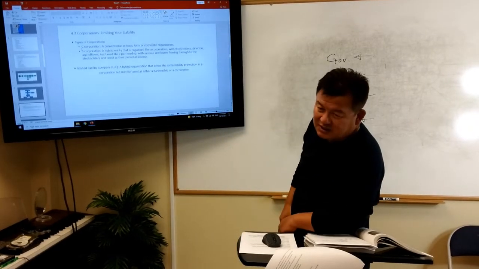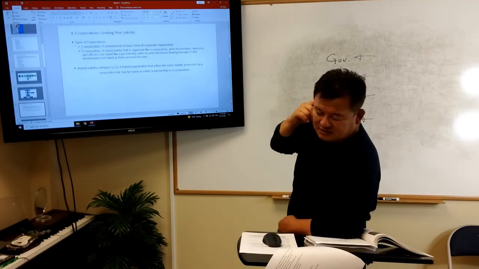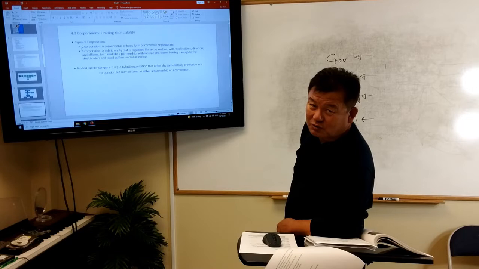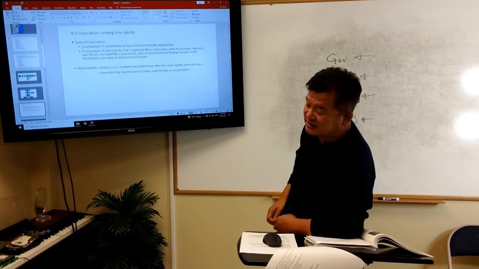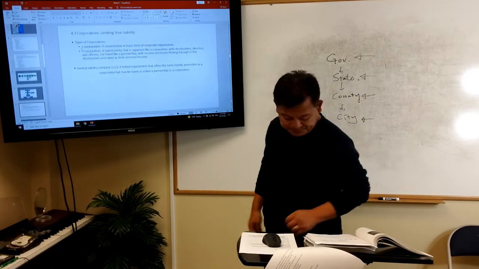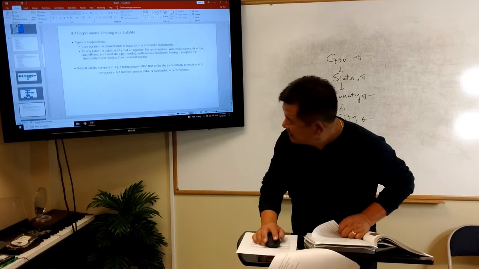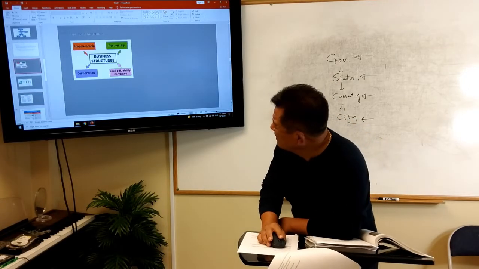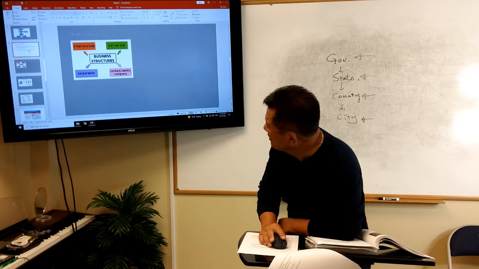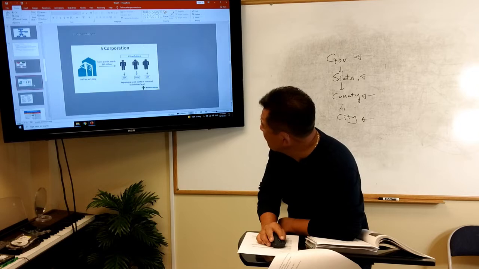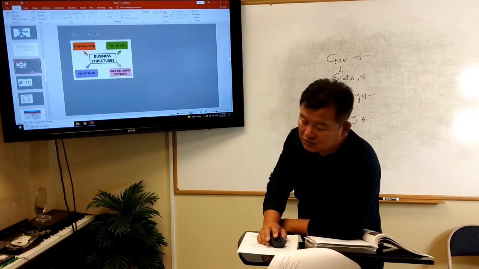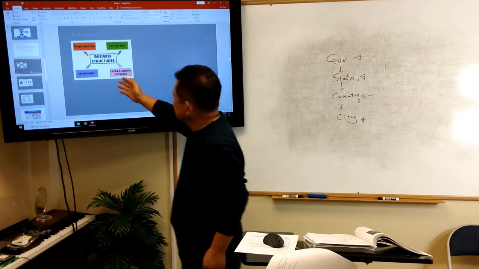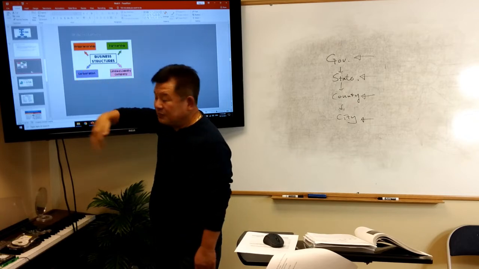So mostly companies consist as S corporations because of tax. C corp is a little bit different, with basic taxation. So also, before S corp and C corp, I explained the business structure, to review again.